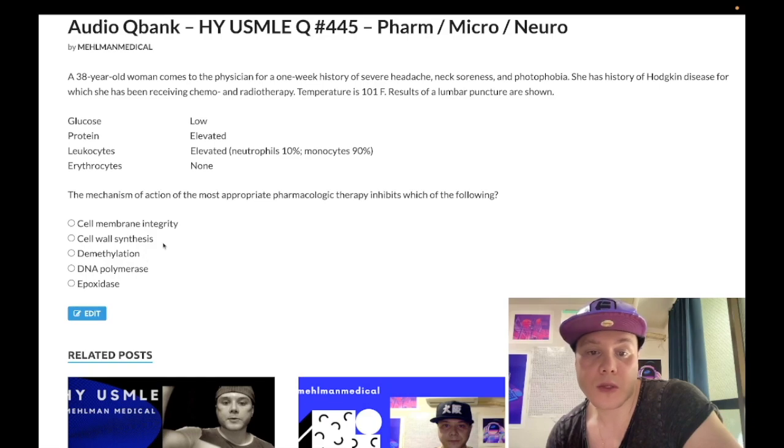Choice B, cell wall synthesis, wrong answer. So this could actually be fairly non-specific if we had vancomycin as an example. So if we had a bacterial meningitis, which we don't, vancomycin plus ceftriaxone, that's the empiric treatment. Okay, so both are going to affect the cell wall, the cross-linking. In addition, if we had a situation like invasive aspergillosis or candidemia where we use caspofungin, the echinocandins, okay, caspofungin inhibits beta 1,3 glucan synthase.